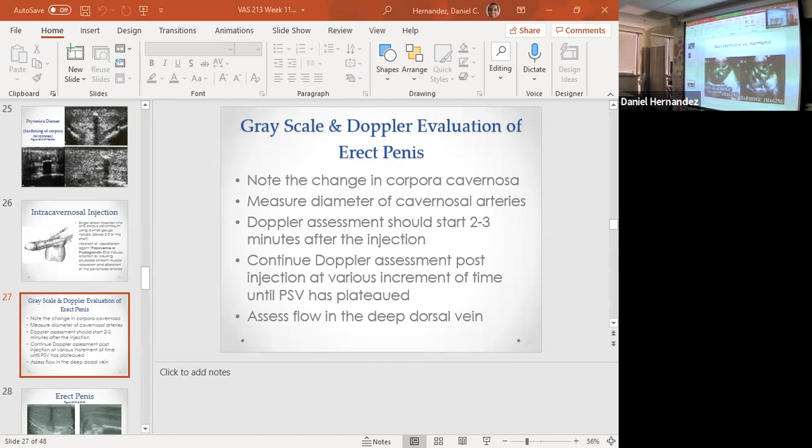This is harmonic versus non-harmonic imaging. We get a little bit better detail with our harmonic imaging because it's coming back at a higher frequency. If you think back to physics, higher frequency improves both axial and lateral resolution.